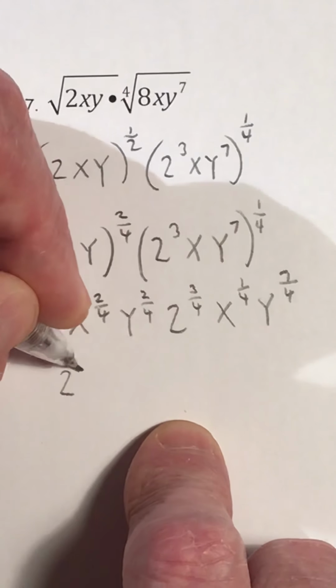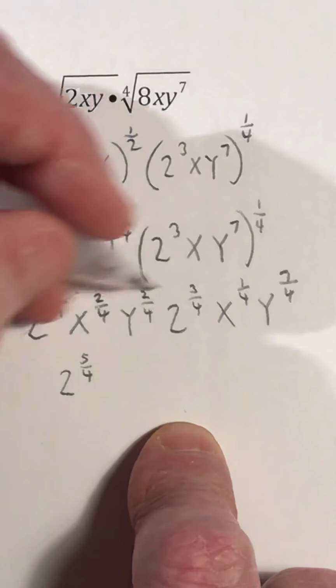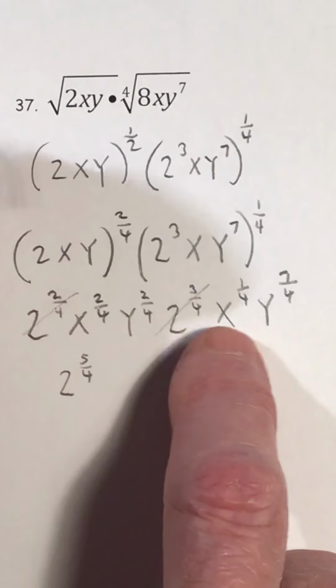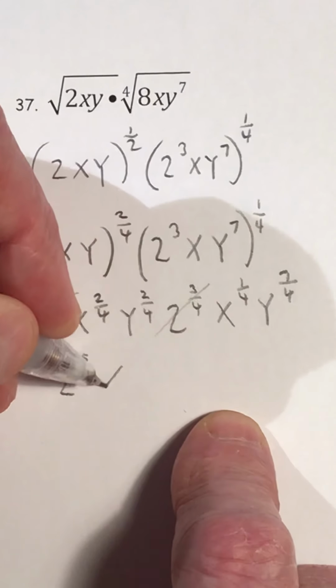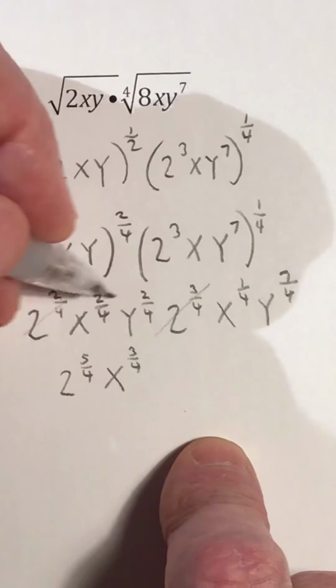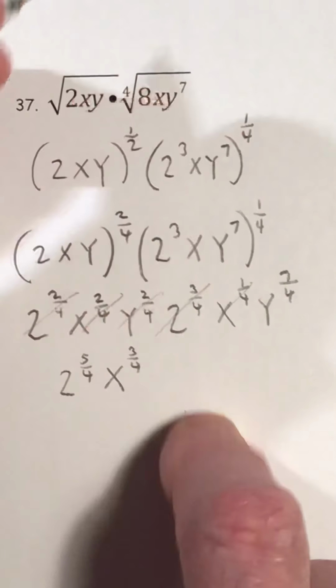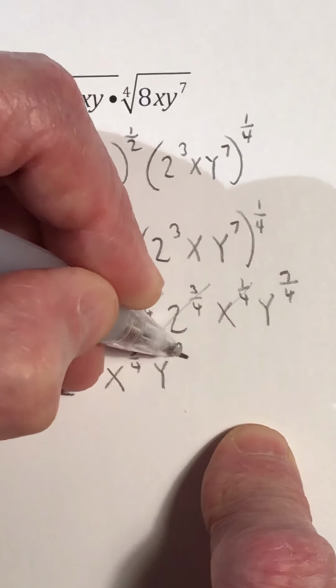So I have 2 to the 5/4. That takes care of the 2's. x times x, add those powers, 2/4 plus 1/4, I get x to the 3/4. And the y times the y, 2/4 plus 7/4, I get 9/4.